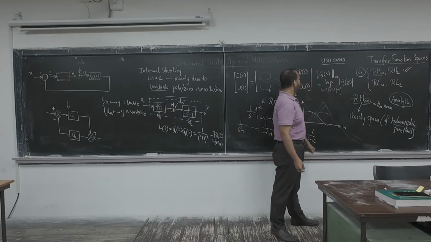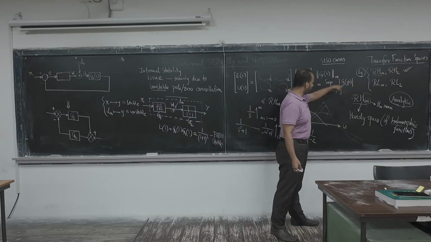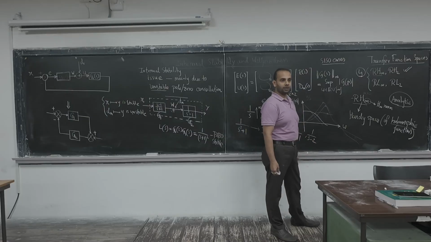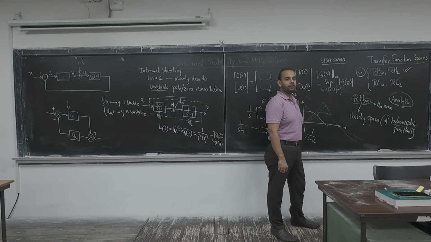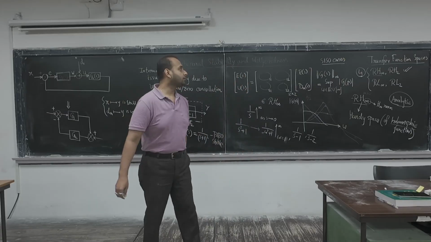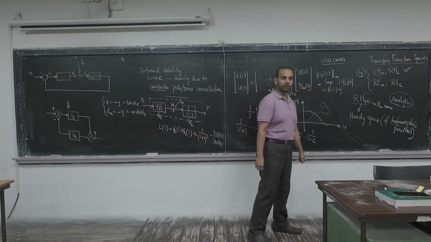The H infinity norm of a system transfer function is defined as the supremum of the gain values over all frequencies omega. You can ask, sir, why didn't you write the general one, which will accommodate both SISO and MIMO?